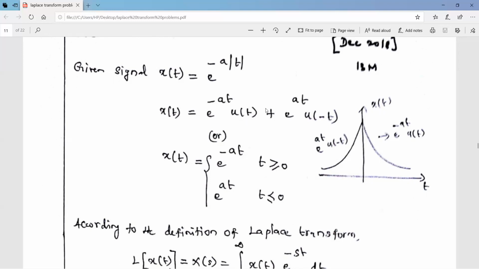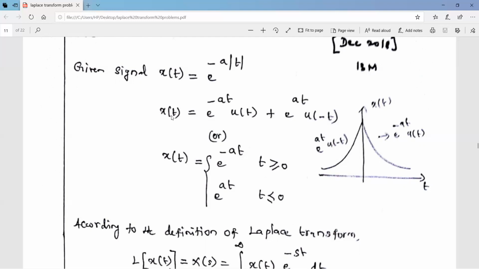And plus, if the time t is negative, e power minus a times minus t, so minus of minus is plus, and it can be written as e power at. This e power at is an exponentially rising signal, during the negative time. To indicate the time from minus infinity to 0, we multiply this signal with u of minus t.